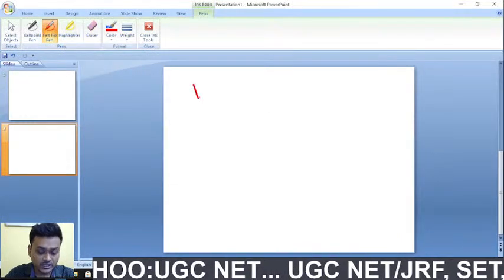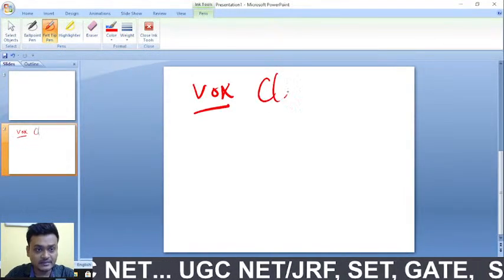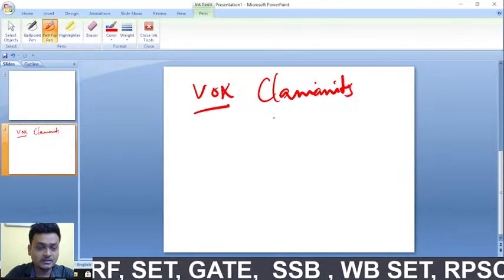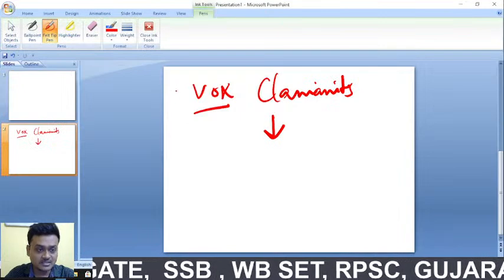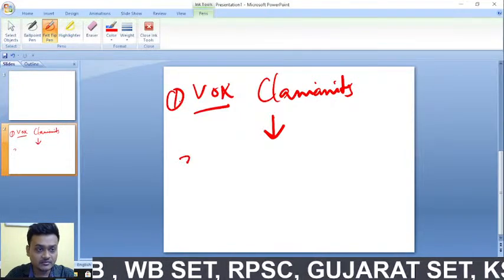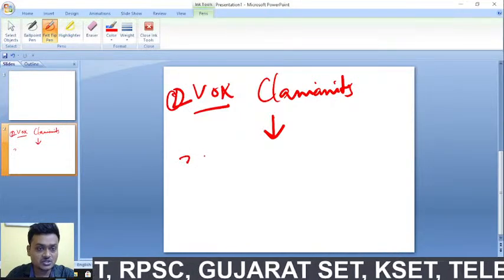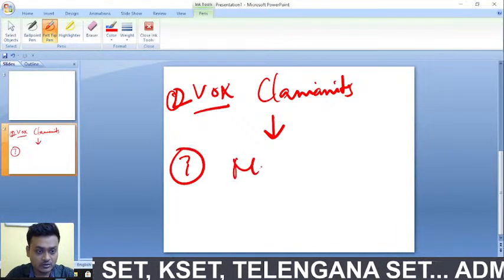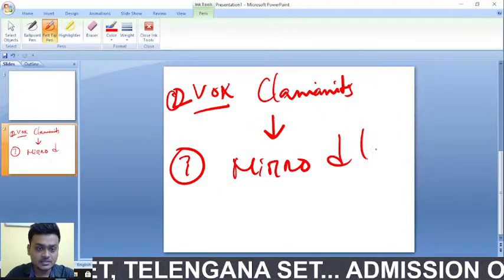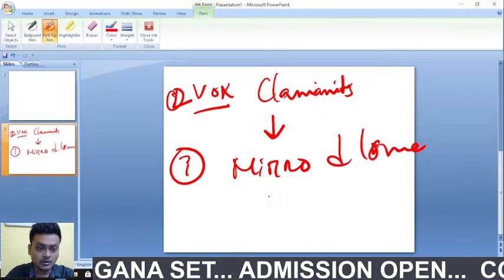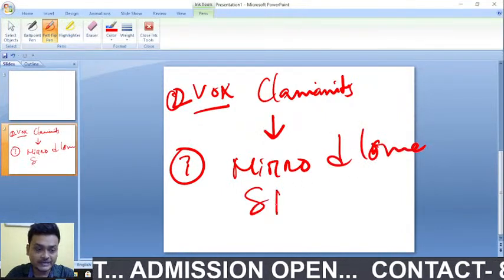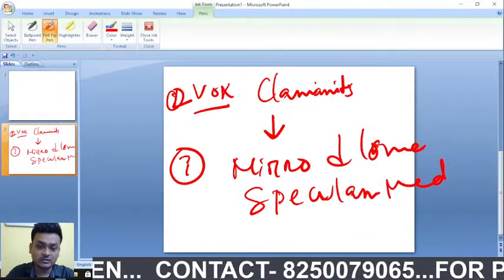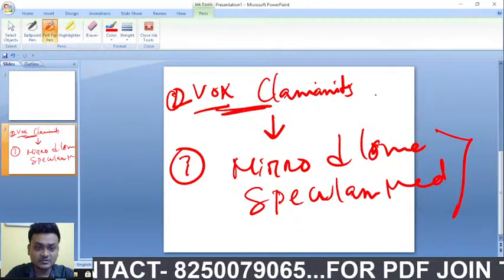So I was talking about Vox Clamantis. The first work is Mirour de l'Omme, or Speculum Meditantis. Vox Clamantis was written in Latin.